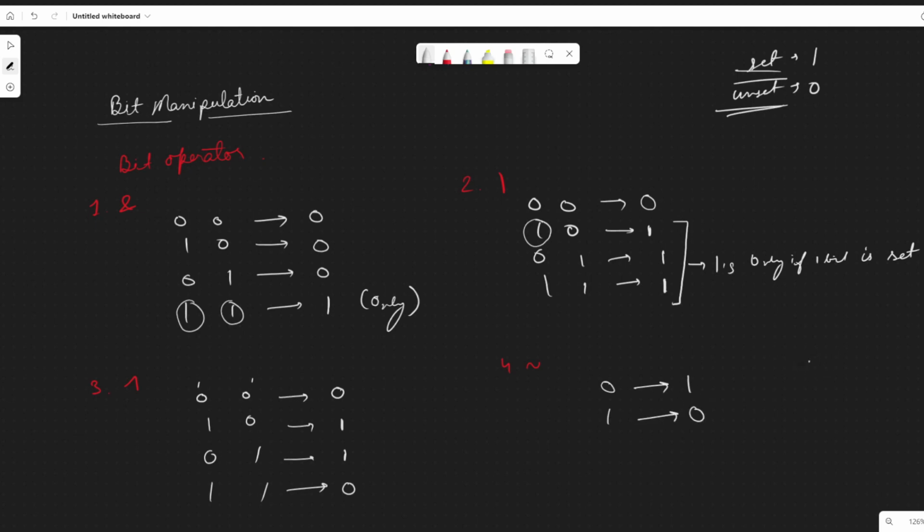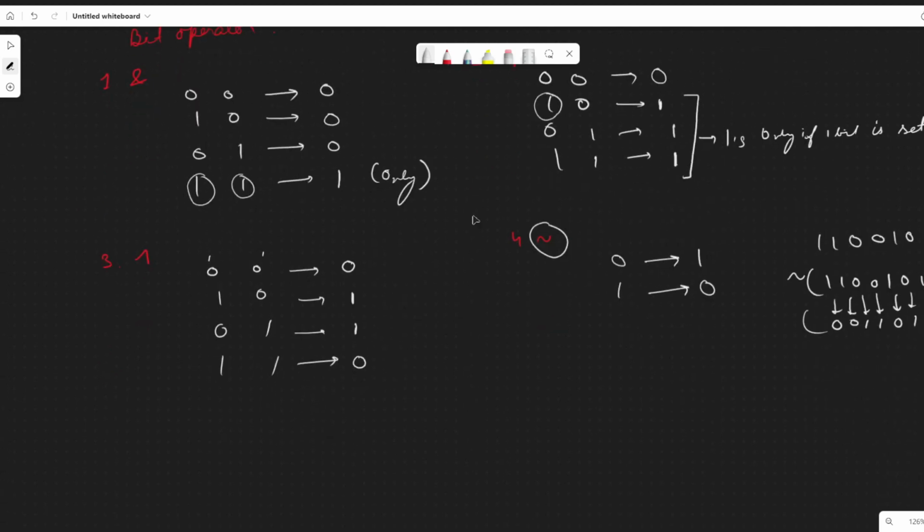So if we give an example 1 1 0 0 1 0 1, then doing negation, it gives an output of 0 0 1 1 0 1 0. See here the bits are changed. Here 1 changes to 0, here 0 changes to 1, 0 changes to 1, 1 changes to 0, and so on. So this is the NOT operator.